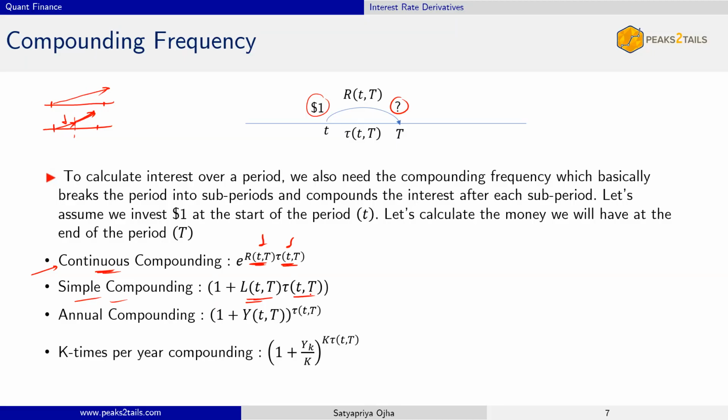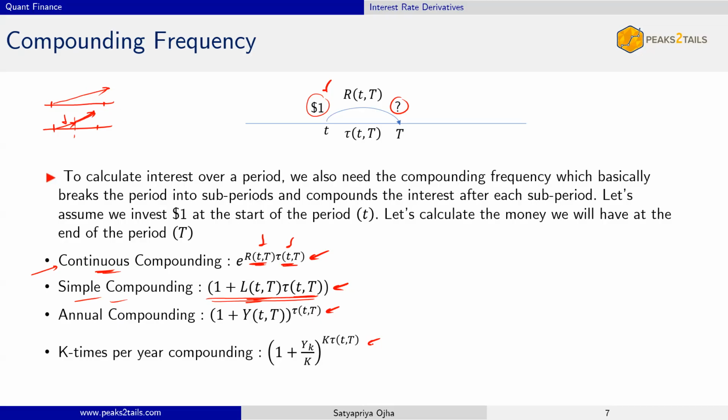If you want to calculate just the interest amount, it will be this amount minus 1, because 1 is your initial investment. These are all your final value of the wealth at the end of the period, so if you subtract the initial amount, it gives you the interest that you earned.